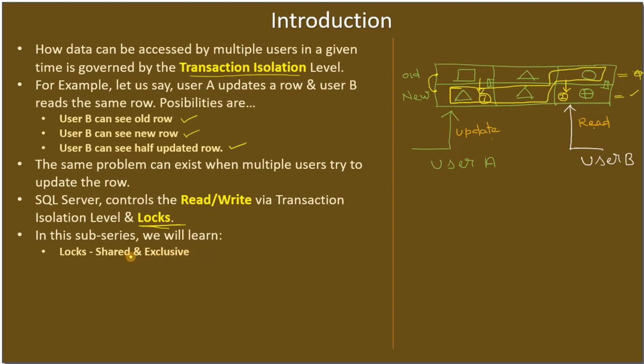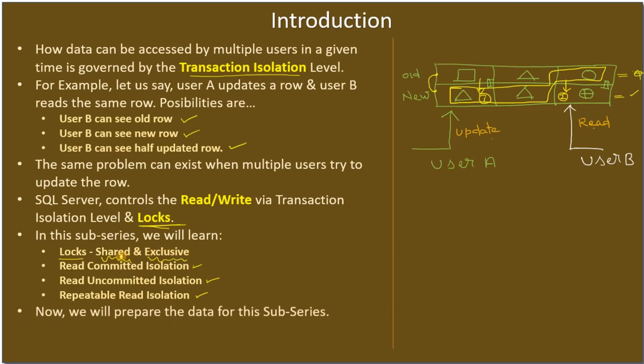There are two varieties: one is shared lock and another one is exclusive lock. Then transaction isolation levels such as read committed isolation, read uncommitted isolation, repeatable read isolation, as well as shared and exclusive locks.